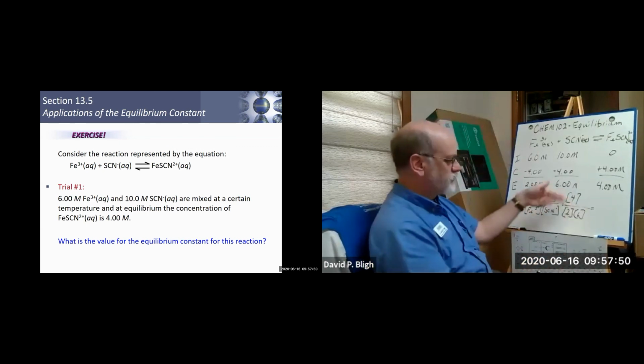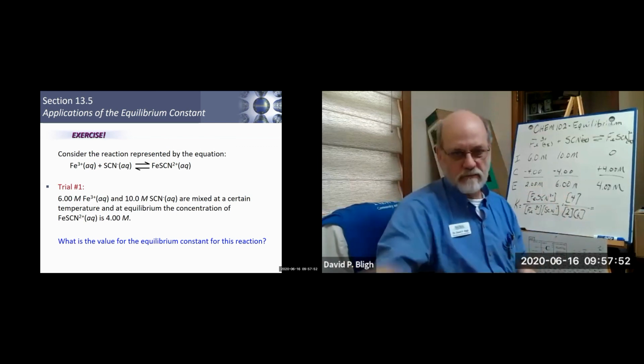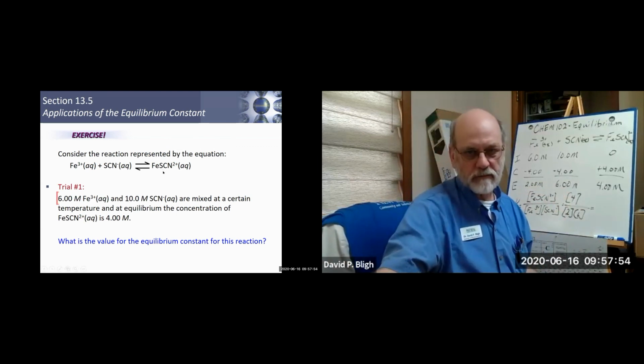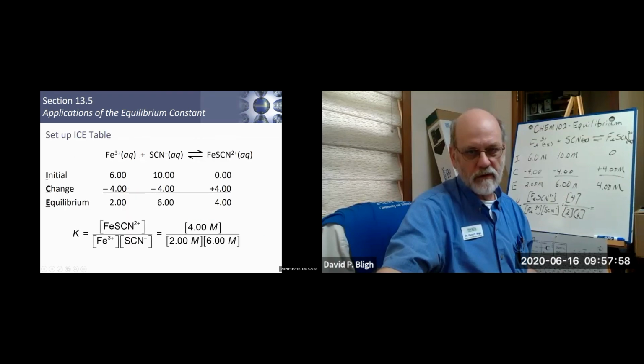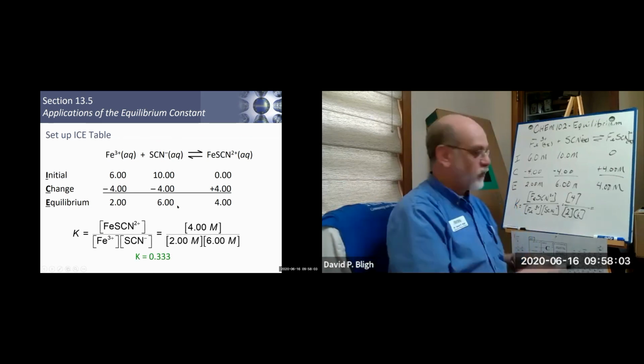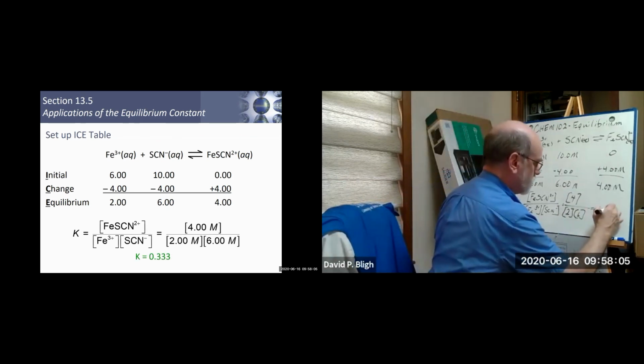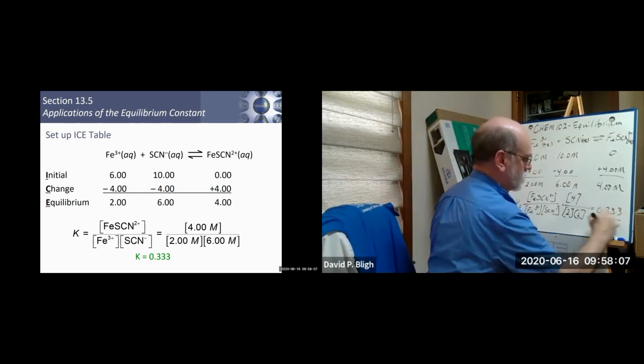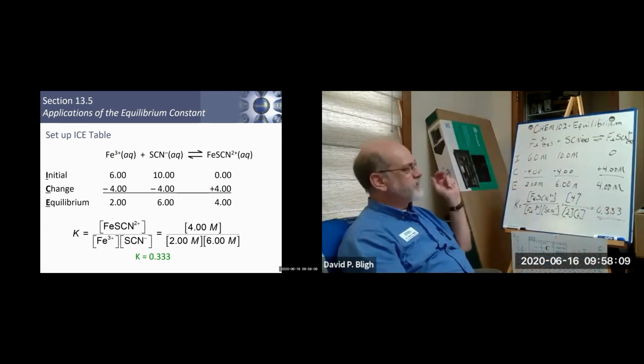Do that calculation. 4 divided by 12 is what? Four divided by 12 is 0.333. So that's our K value for this reaction.